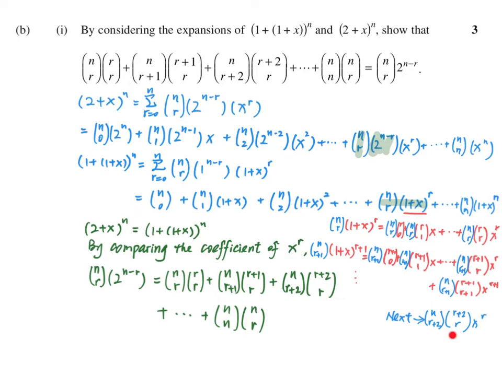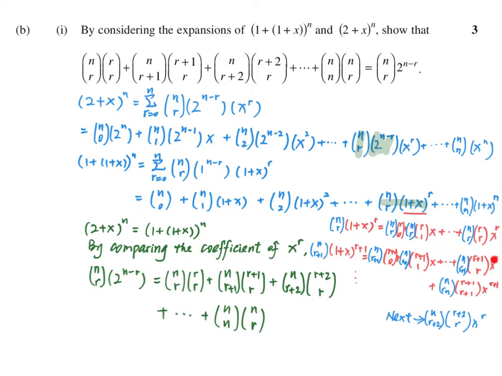And then the next x to the power r, the coefficient is this one, so plus NC(r+2) times (r+2)CR, which means you have to sum up all the coefficients of x to the power r. The first one is NCR, RCR. And the next ones are r plus 1, r plus 2, r plus 3, all the way until you get the term NCN.